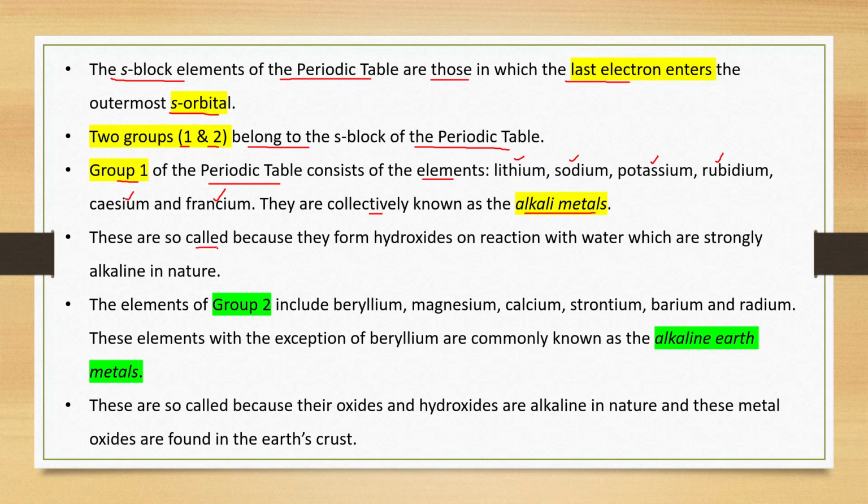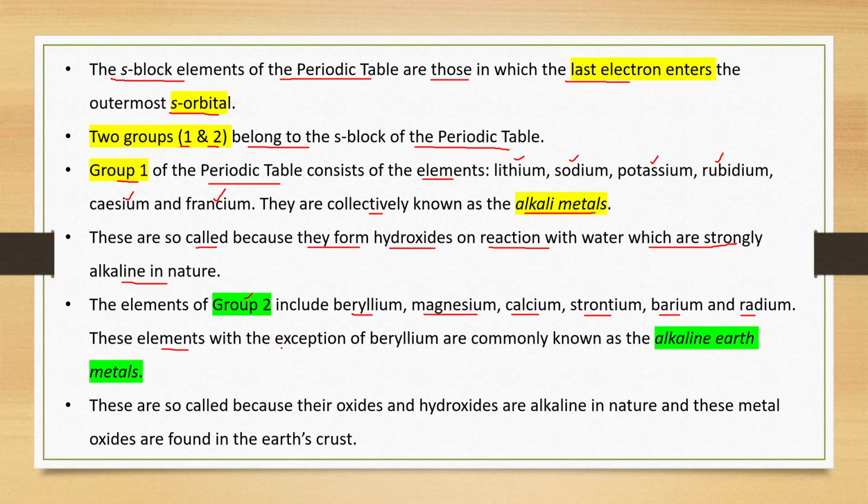They are so called because they form hydroxides on reaction with water, which are strongly alkaline in nature, and these hydroxides are soluble in water, so these are known as alkali. The elements of group 2 include beryllium, magnesium, calcium, strontium, barium, and radium.